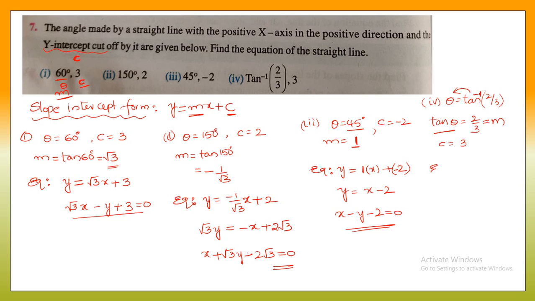Now directly finding out the equation of the straight line by using slope intercept form. So equation is nothing but y is equal to mx plus c, so 2 by 3 into x plus 3. On taking LCM 3 and cross multiplying, I am going to get 3y is equal to 2x plus 9. So when I transpose the values, I am going to get 2x minus 3y plus 9 is equal to 0. So this is nothing but my line equation.